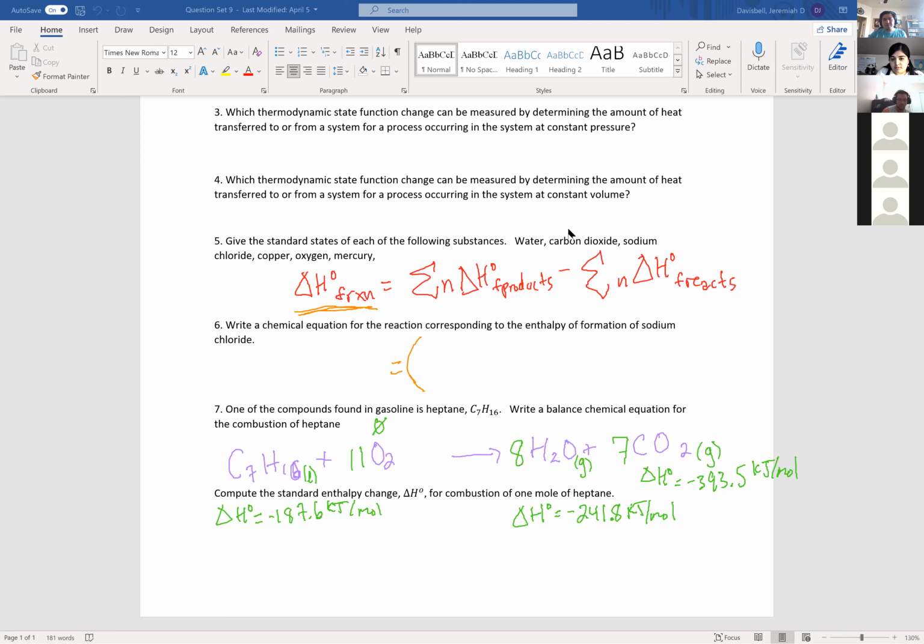You need to write minus 241.8. Minus 241.8, okay. But before that, you need to multiply by 8 because we have 8 moles, right?